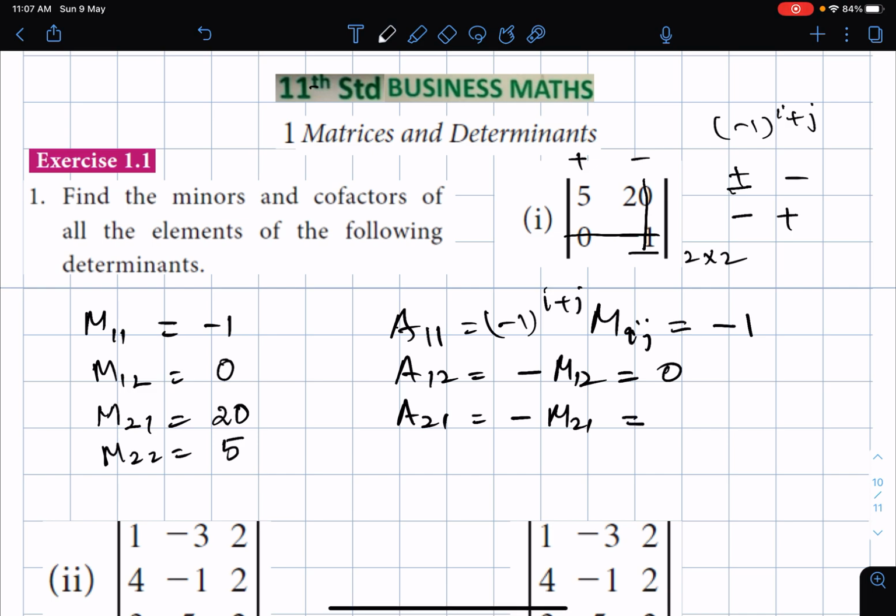M21 is 20, and you attach a minus sign, so it is minus 20. Similarly A22 is going to be M22. This is an even power, so you'll get only a plus sign, so it is going to be 5. So this is the answer for the cofactors, and this is for the minors.